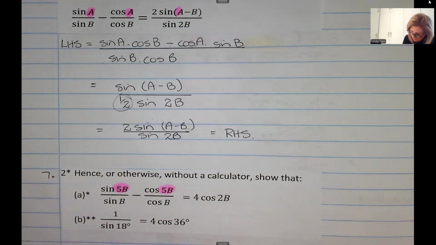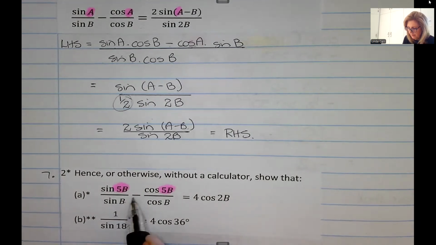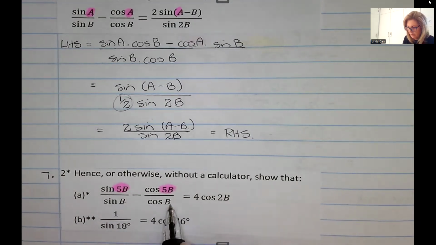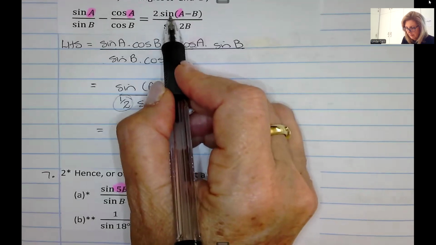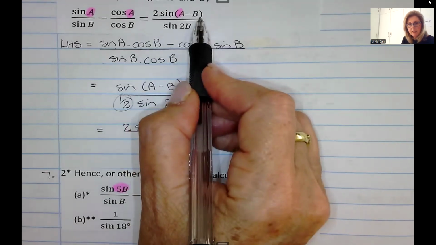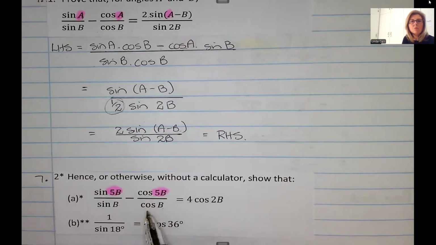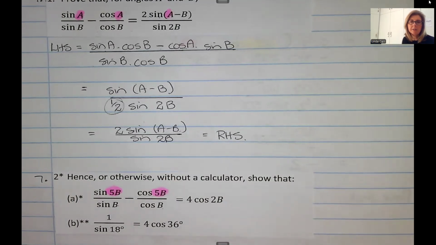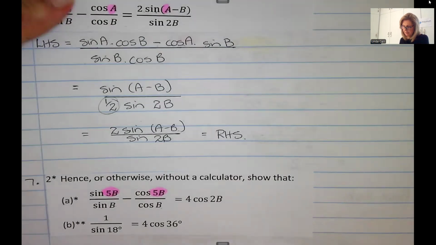So I'm going to say that sine A over sine B minus cos A over cos B was 2 sine A minus B over sine 2B. So I'm going to change this to 2 sine 5B minus B. That's the only thing that changes, is the A becomes a 5B.